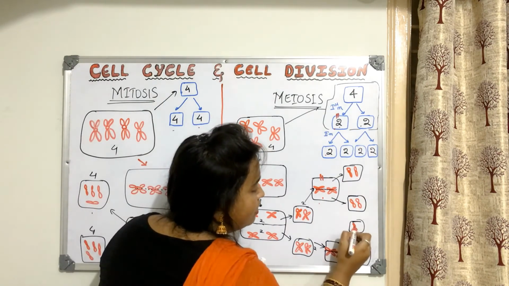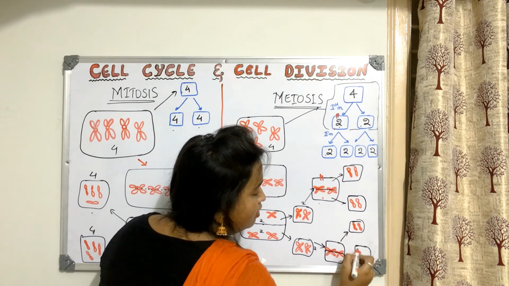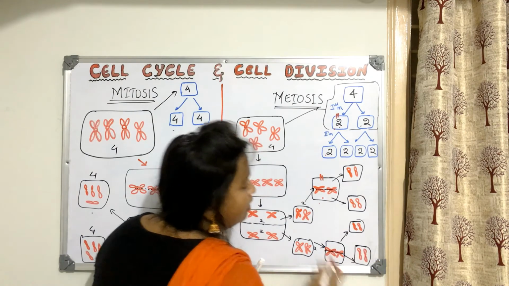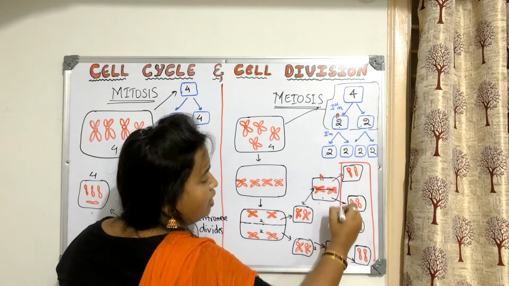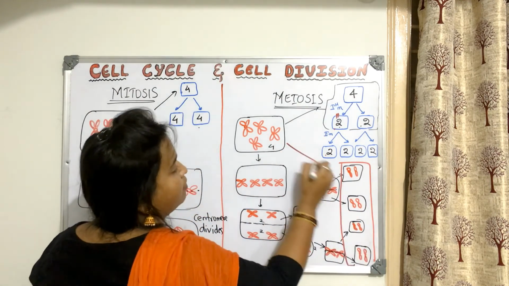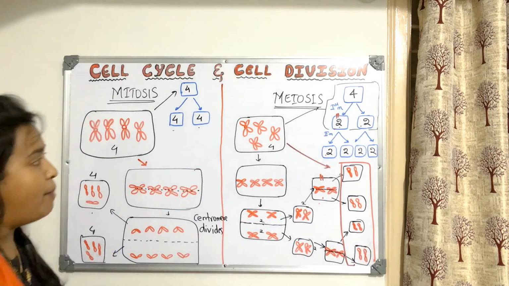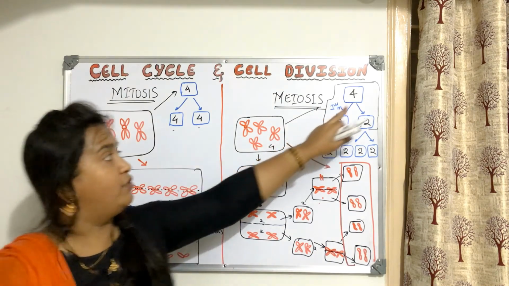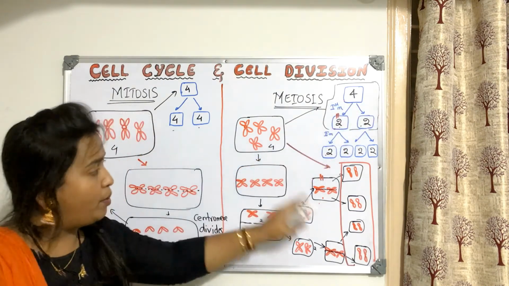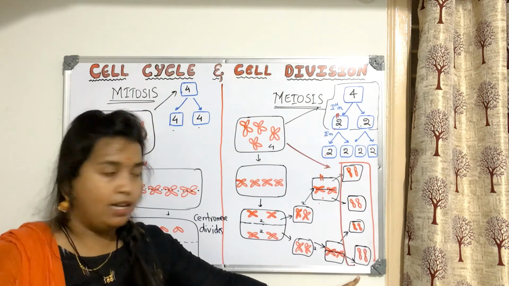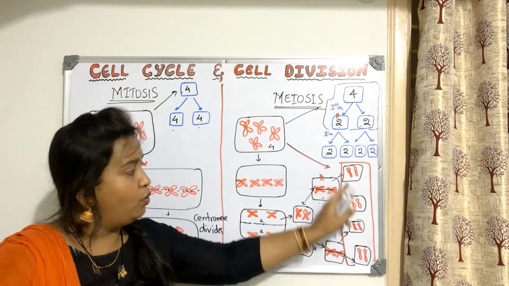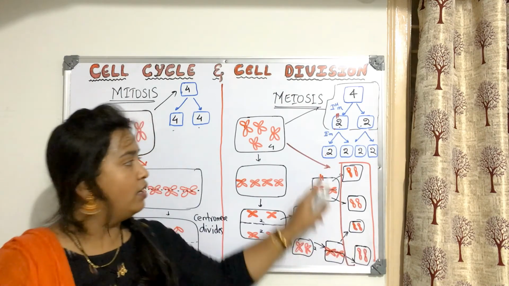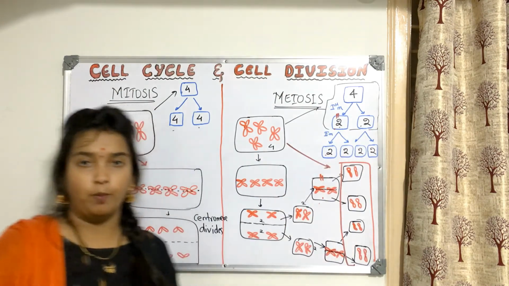Totally, these are the 4 cells which are produced from this parental cell. The parental cell has 4 chromosomes. What about the daughter cells? How many daughter cells? 4 daughter cells. Number of chromosomes? 2, 2, 2 and 2. Here also you can see that it is 2.